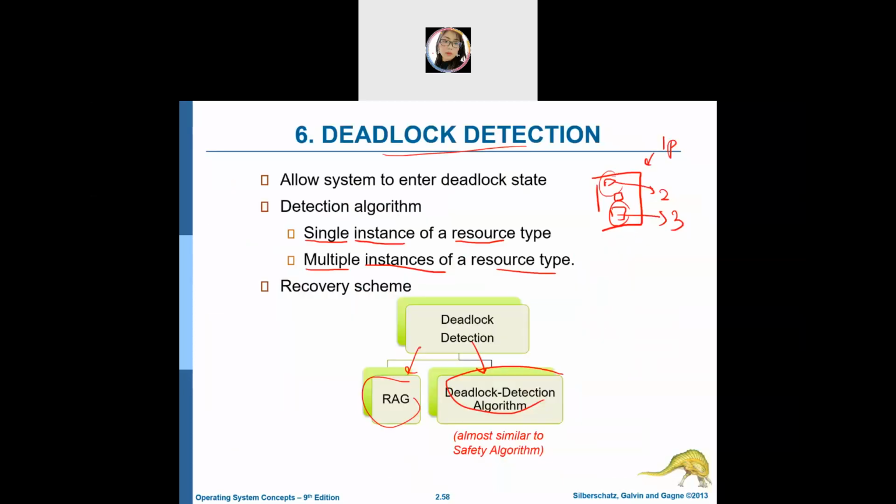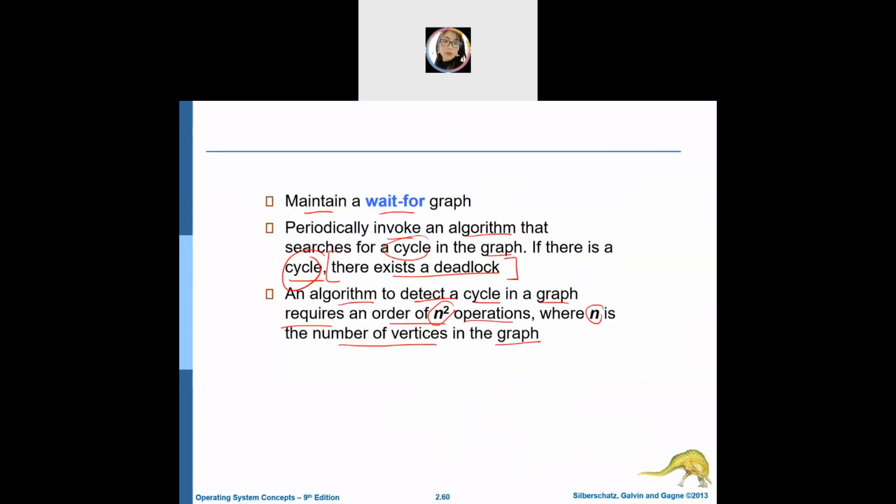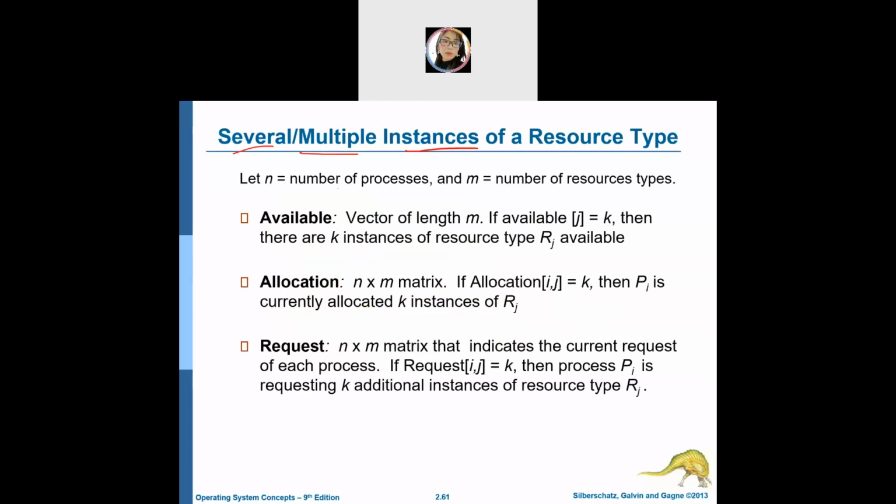Similarly for your avoidance. So for several or multiple instances of a resource type, you're going to look into n and m. It's just in terms of symbols.